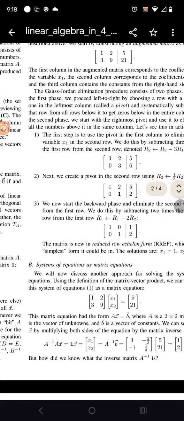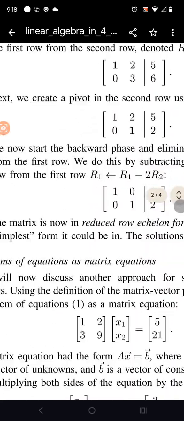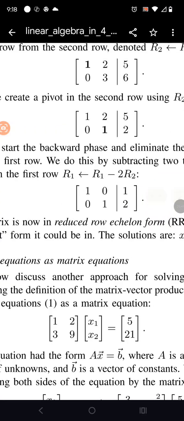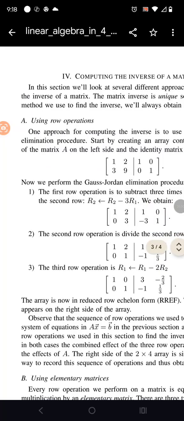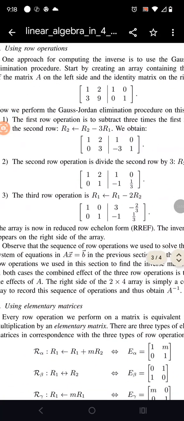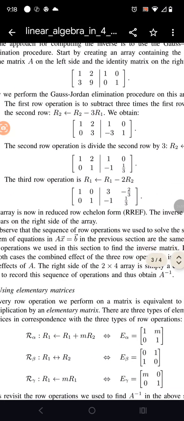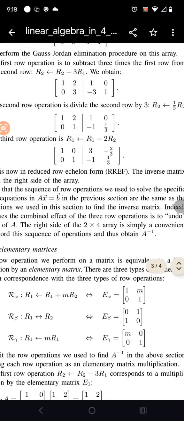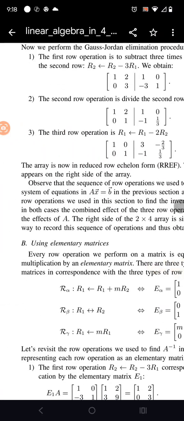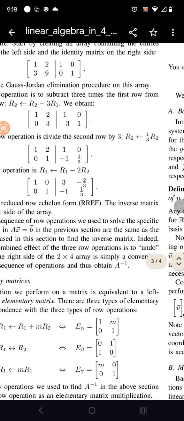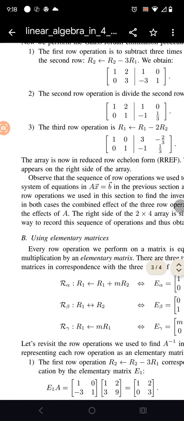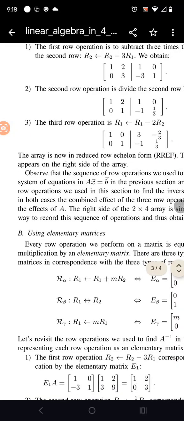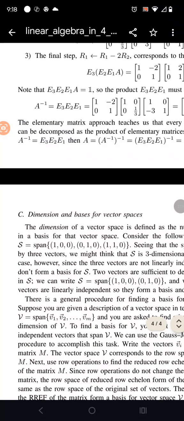The RREF, reduced row echelon form. Echelon form, reduced row echelon form. Now let's look at using elementary matrices. Have you seen that? Yeah, we have.